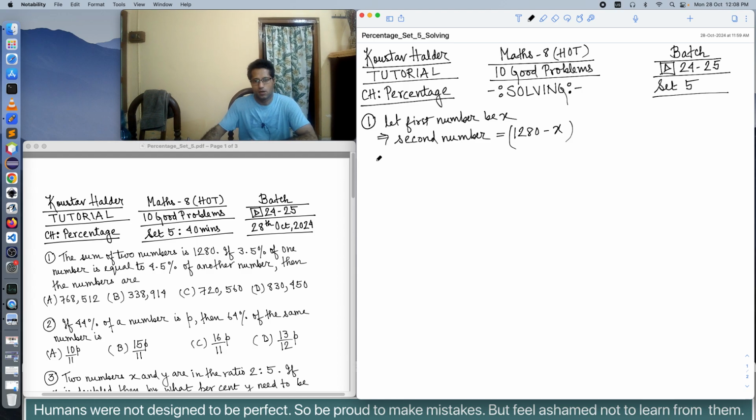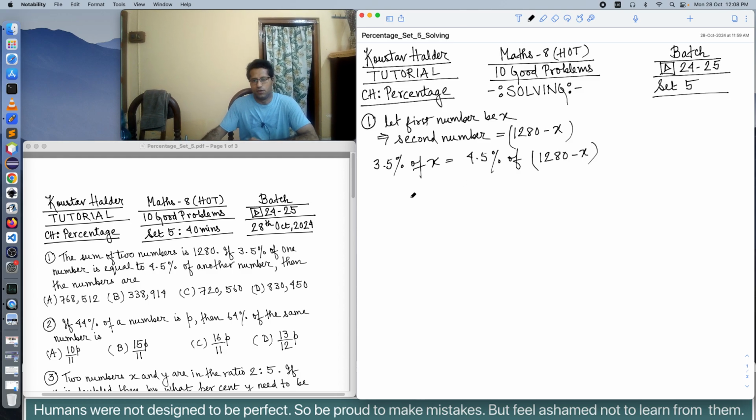So let's say we assume, since it is not given, it is just given that 3.5% of one number is equal to 4.5% of another number. So let's say 3.5% of x is equal to 4.5% of the other number, which is equal to 1280 minus x.